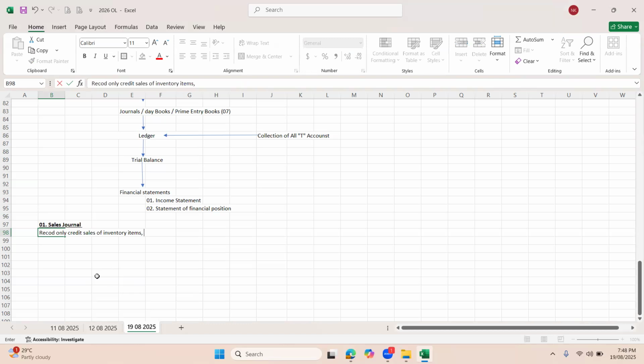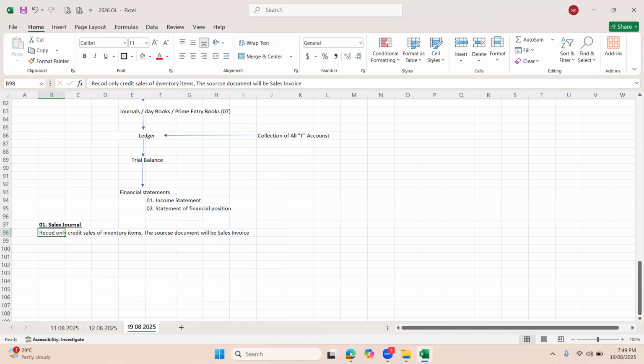Here the source document will be the sales invoice. Right, very important. So this format is used to record only what? Credit sales of inventory items.